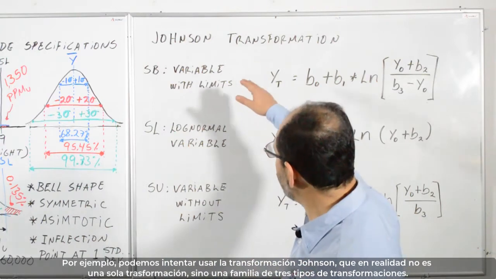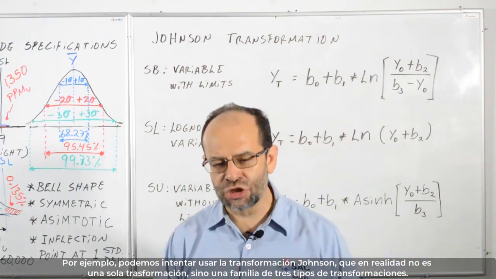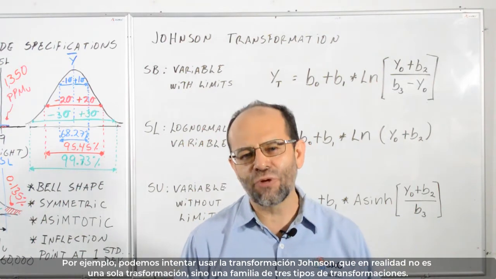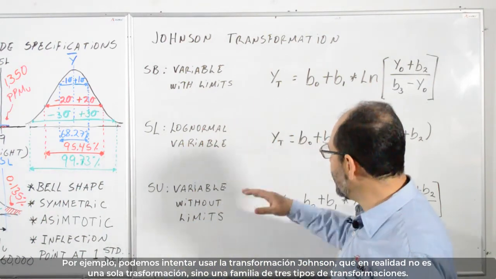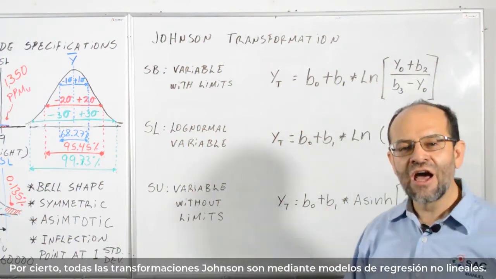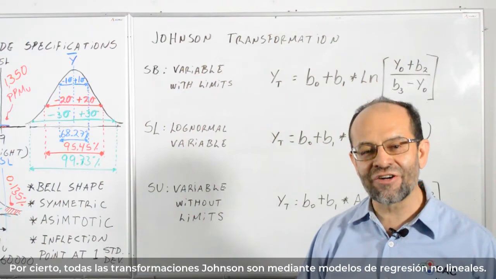For instance, we can use the Johnson transformation, which is not one transformation, but a family of 3 types of transformations. All of them, by the way, are non-linear regression models.